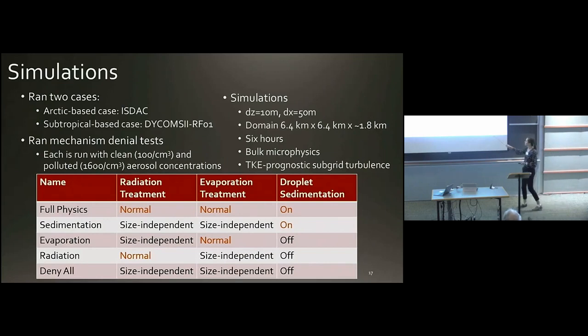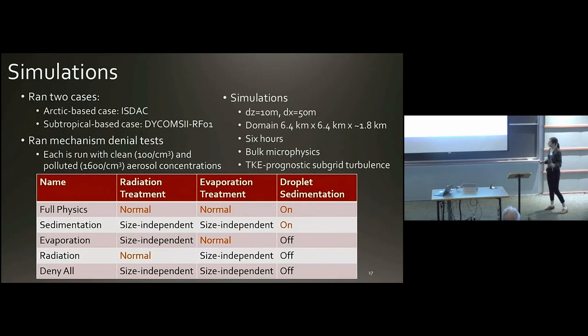And the only thing that droplet size is really doing then is impacting the sedimentation rates. And then similarly for evaporation and radiation. And then finally, I have another set of simulations where all of these processes are turned off. And for each of these, I'm running with two aerosol conditions, a clean condition with 100 particles per cubic centimeter and a more polluted condition with 1,600 particles per cubic centimeter.